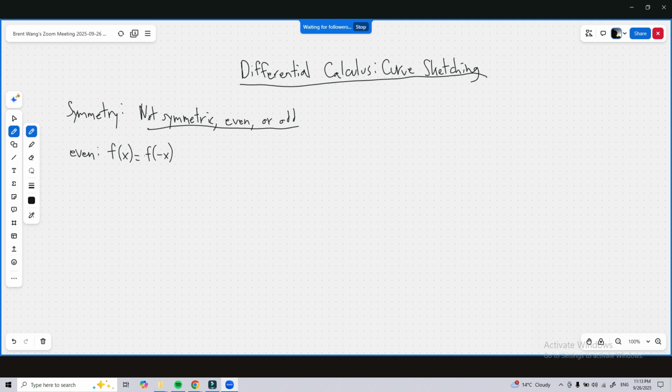This means the function is symmetric across the y-axis.